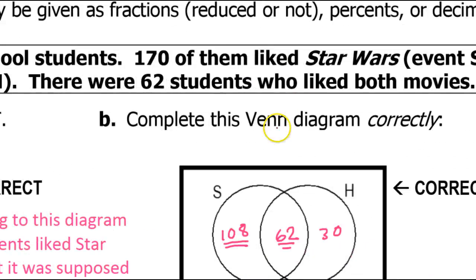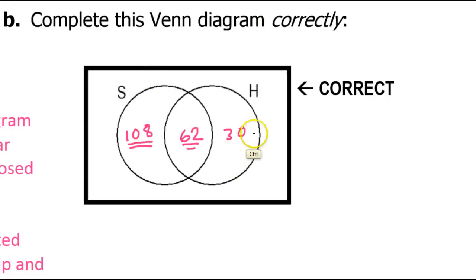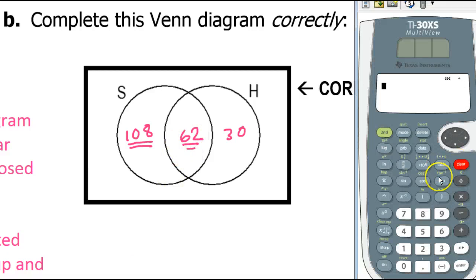So in this case, we're talking about 350 students. By the way, I feel like this diagram is probably incomplete. I haven't added these up yet, but let's add up all of these numbers. This is not going to be 350. Okay, so if we add up 108, plus 62, plus 30, that's 200.